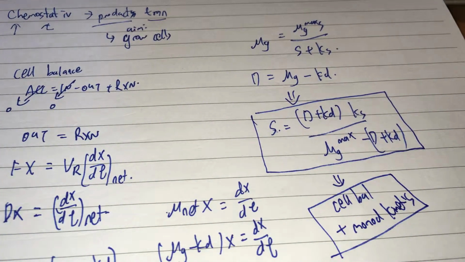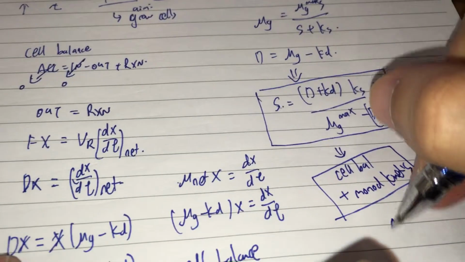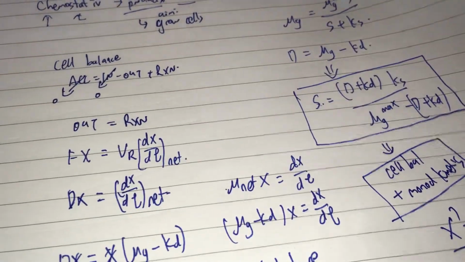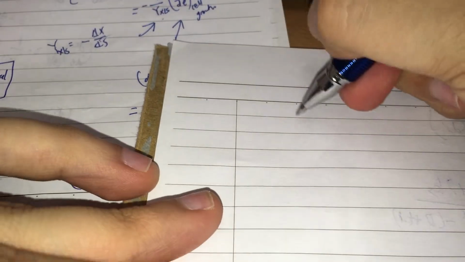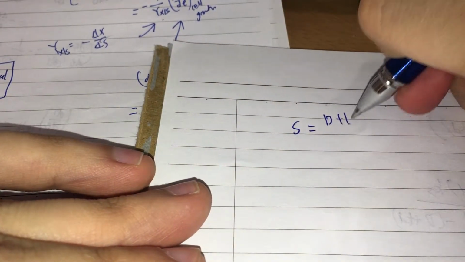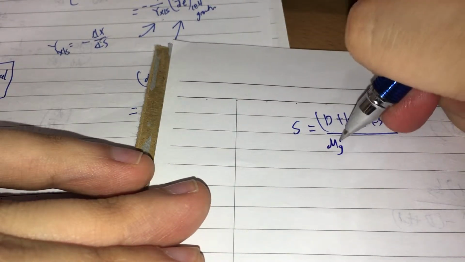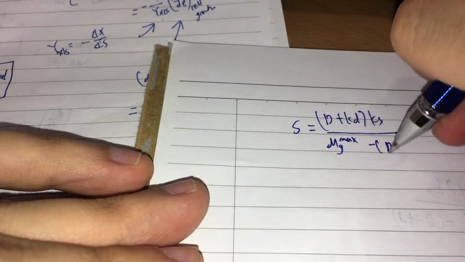But we still want to find what our x is, because x is the treasure. Of course, it's not the treasure, I'm just making a pun. You get what I mean. So anyway, we still have S equals (D plus kd) times Ks over (mu g max minus D plus kd).